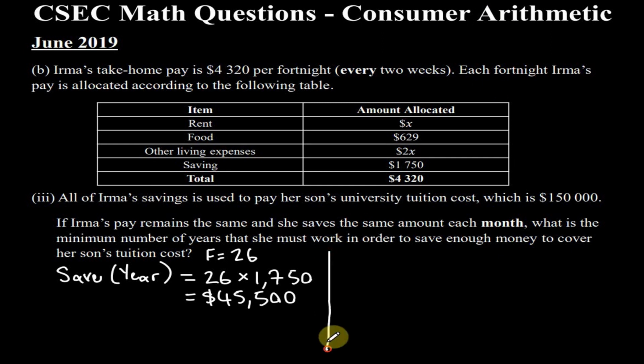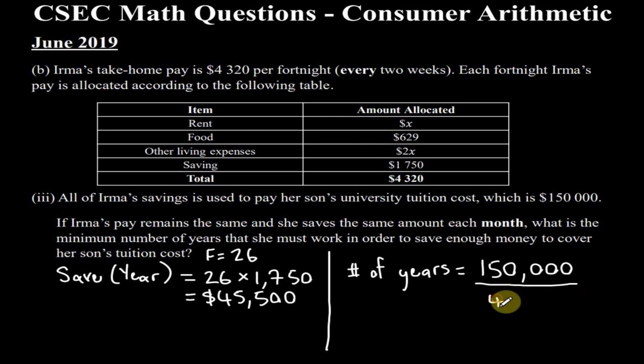Now we want to find out how many years it will take her to actually save $150,000, which is the cost of her son's university tuition. So this is what we want to come up with, right? And this is what we get in each year, 45,500.